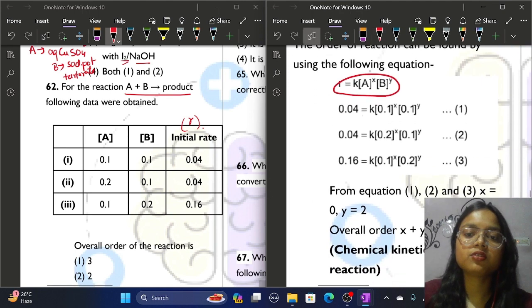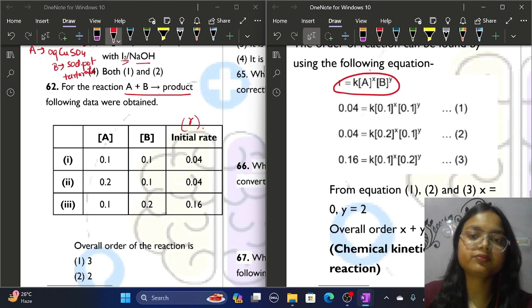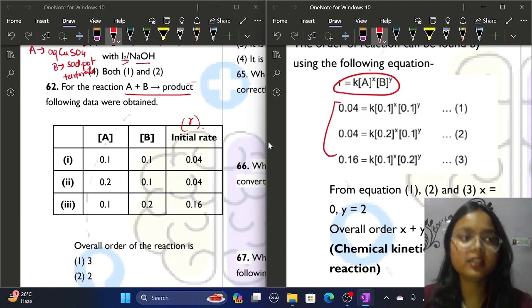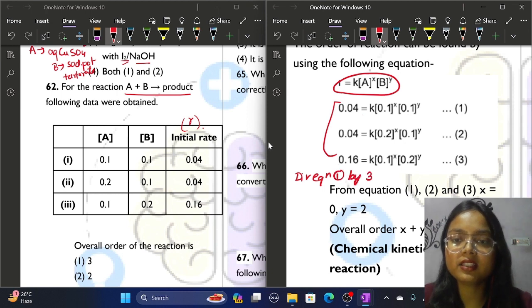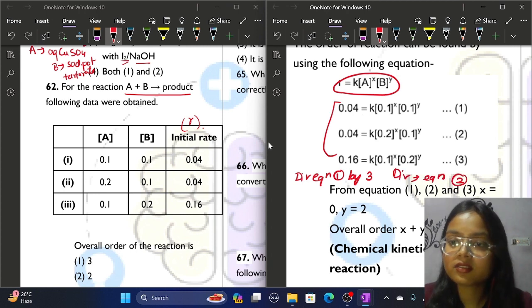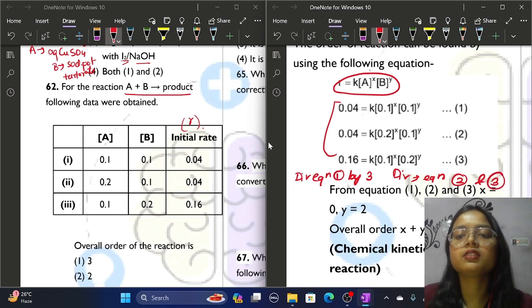So now what we have to do is equate these three equations. First divide equation 1 by 3, and then divide equation 2 by 3.